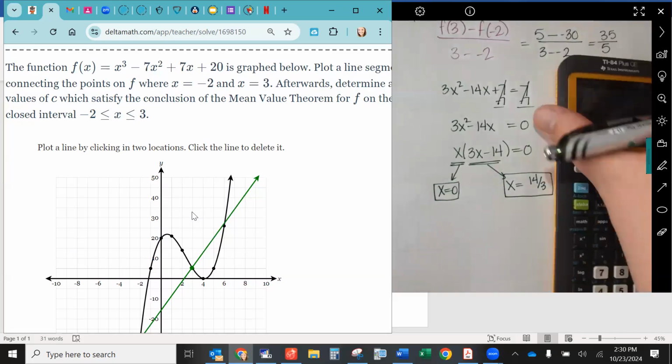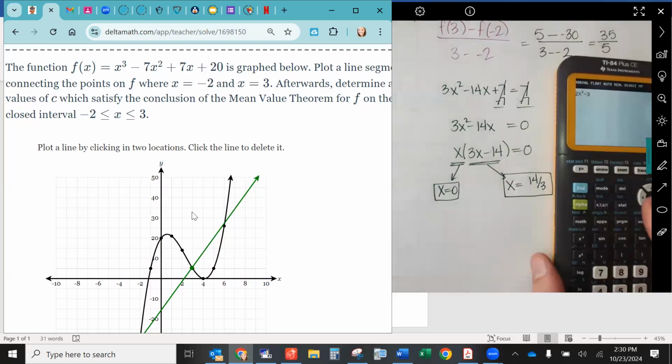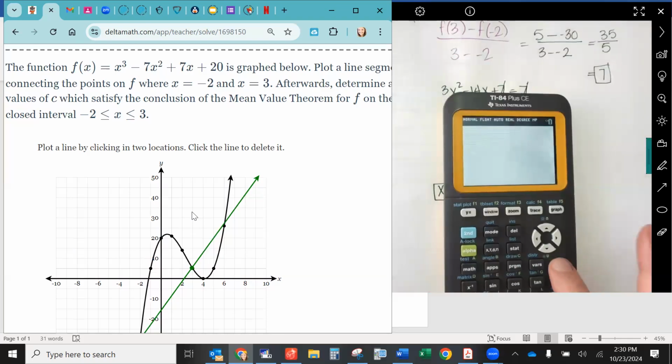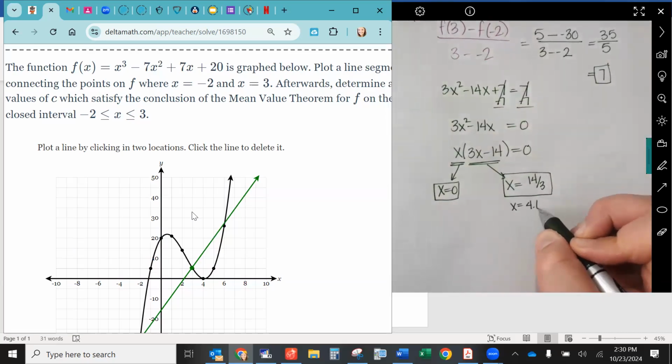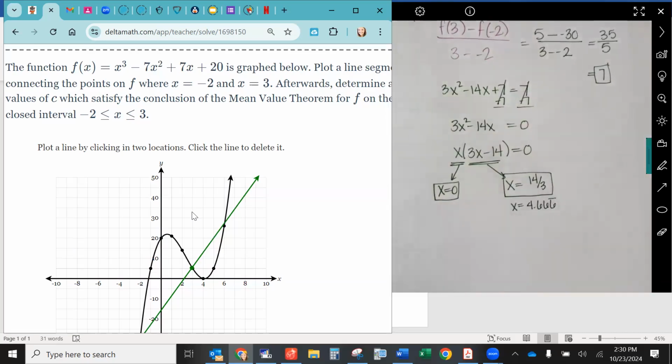So let's see what 14 divided by 3 actually is. 14 divided by 3 is the same as 4.666 repeating. So if these are my two x values, will I choose both of them? Which one is not between -2 and 3?